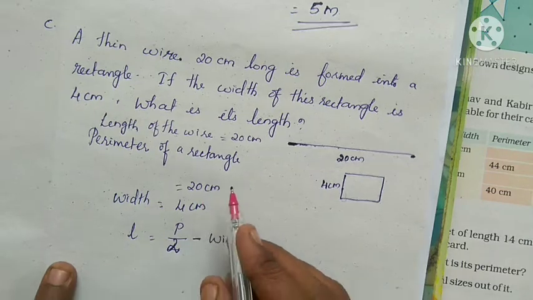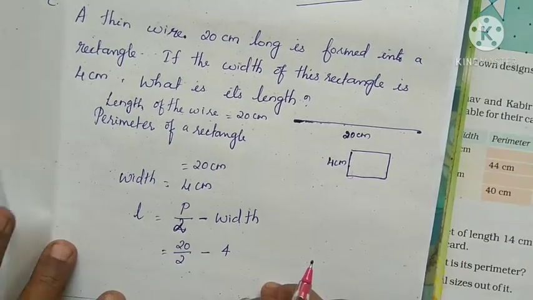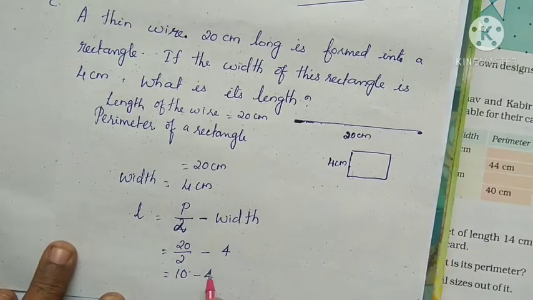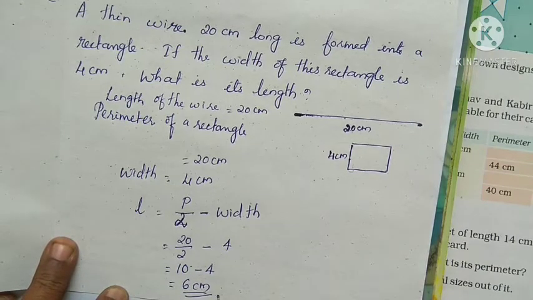Perimeter is equal to 20. 20 divided by 2 minus width. 20 divided by 2 is equal to 10. 10 minus 4. So the answer is 6 centimeter is the length.